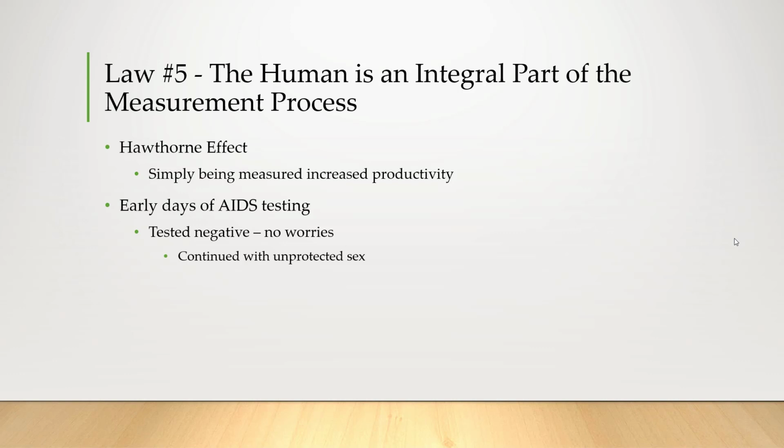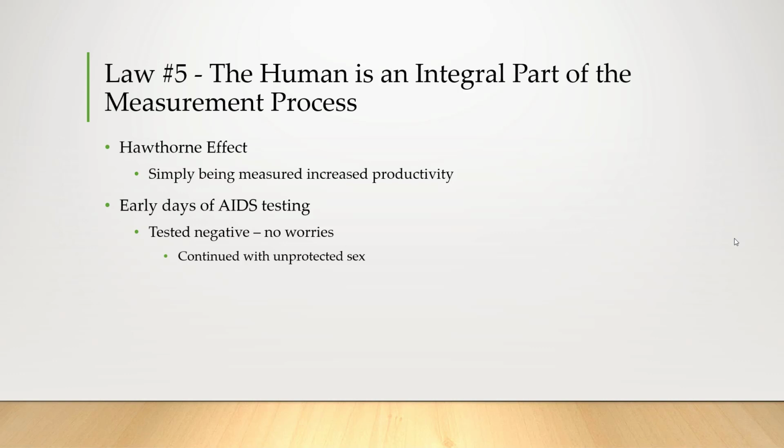The early days of AIDS testing, the way this was done in the 1950s, mid 50s I believe, is they thought that the more people they tested to see if they had HIV, the more unprotected sex there would be.